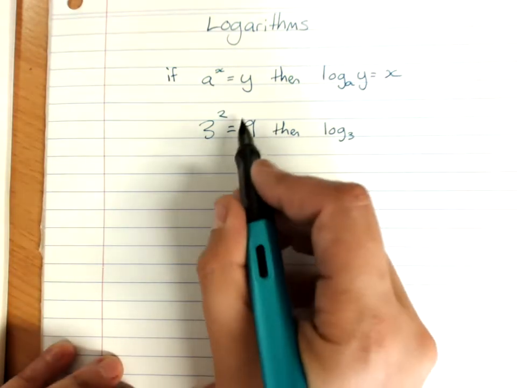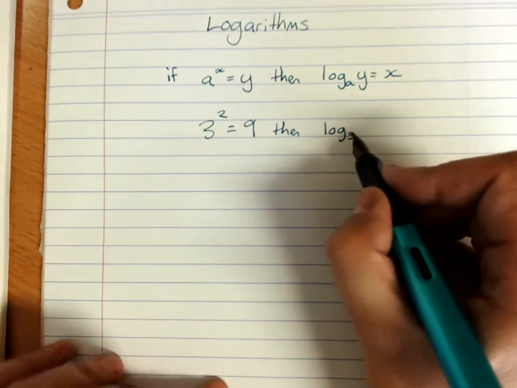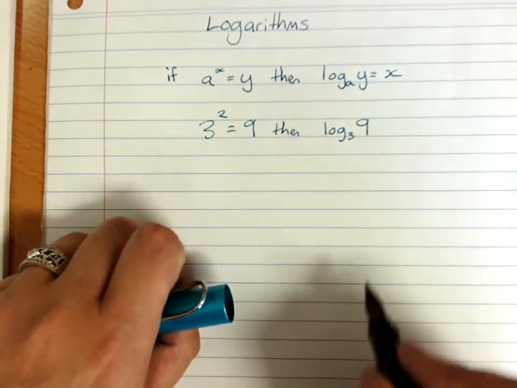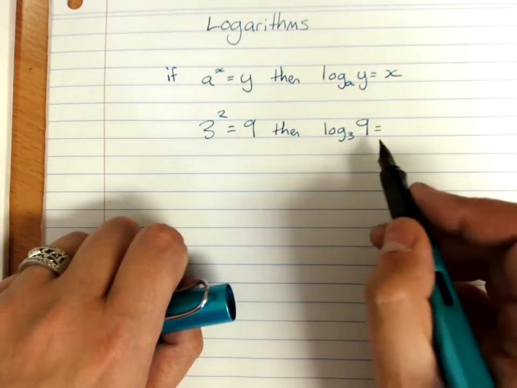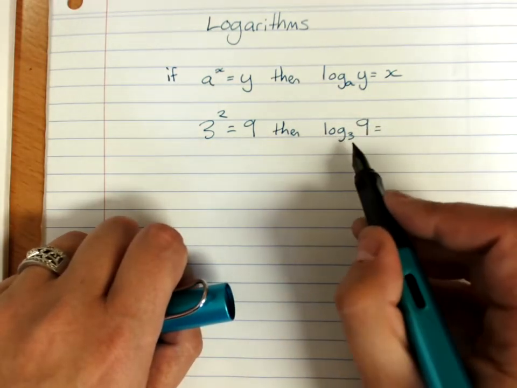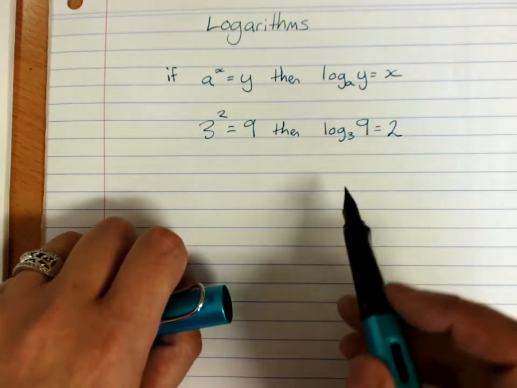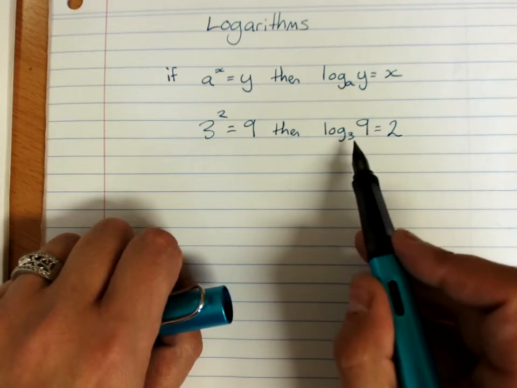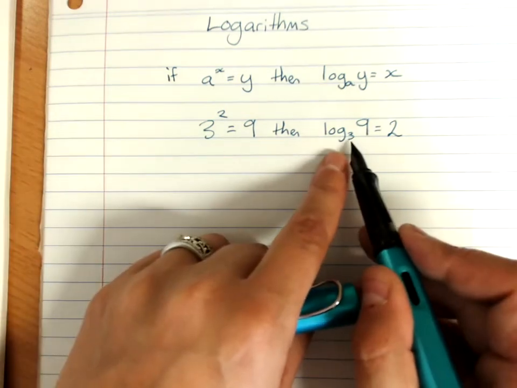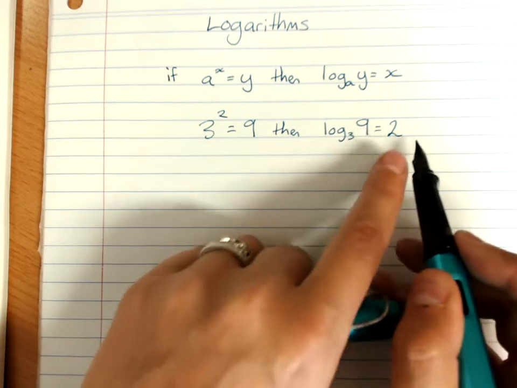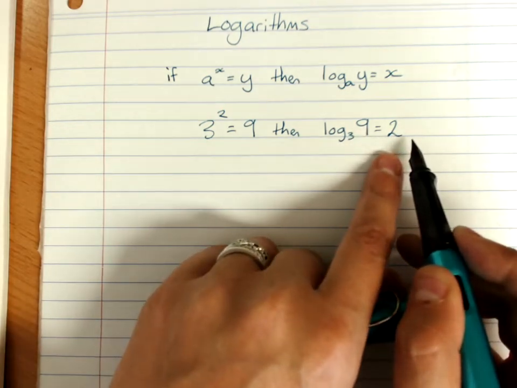The answer to my index form goes here, and the result of log 9 to base 3 is 2. What this is saying is 3 gives me a result of 9 when it's raised to the power 2.